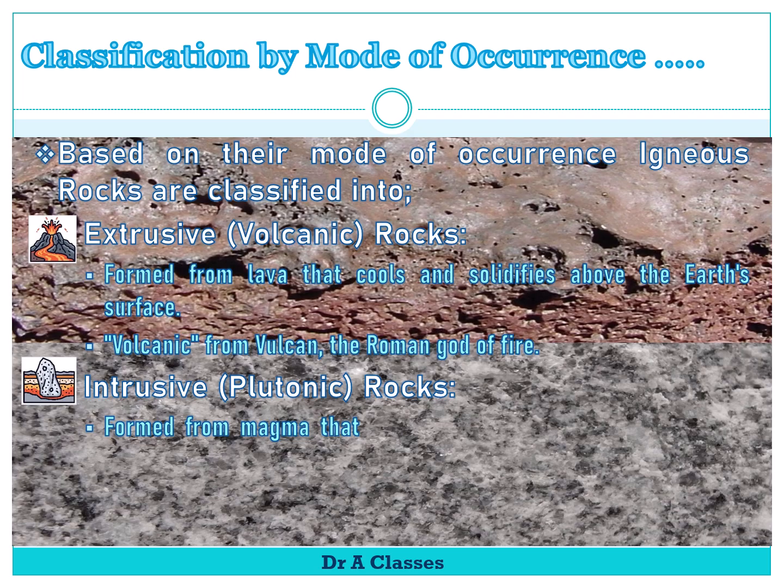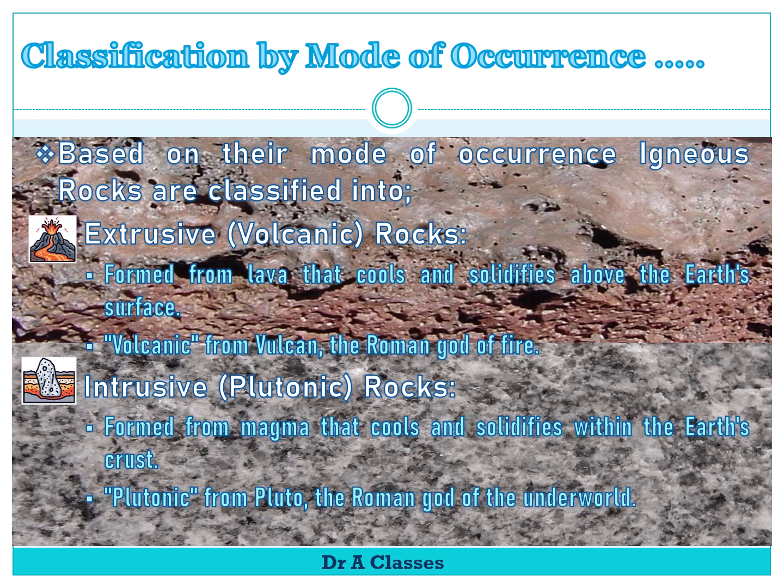In contrast, intrusive or plutonic rocks form when magma cools slowly within the Earth's crust. Because the cooling is slow, these rocks typically have coarse grains. The term plutonic comes from Pluto, the Roman god of the underworld, symbolizing their formation deep underground. Understanding this classification is important because it influences the rock's texture, strength, and engineering properties.